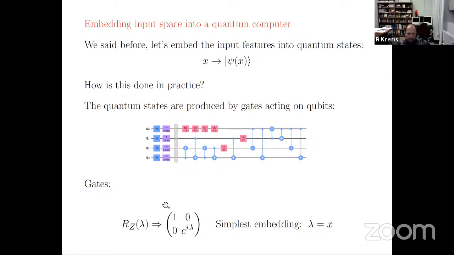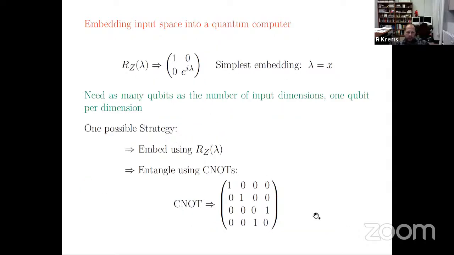So the simplest possible embedding could be just to set the phase of that Z rotation to the value of one of your input features. For this sort of embedding, you will need as many qubits as the number of input dimensions, 1 qubit per dimension. So you can embed your features into the circuit in this way, and then you can entangle your circuits using, for example, CNOTs.